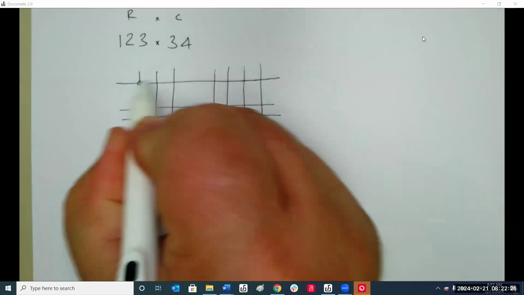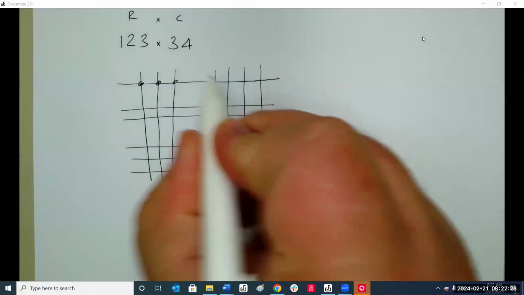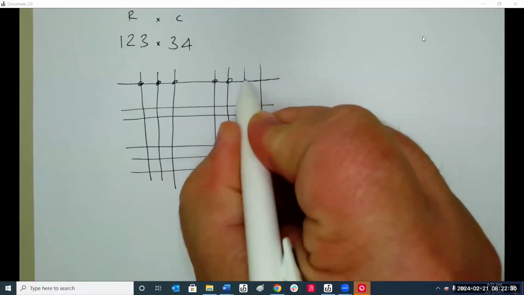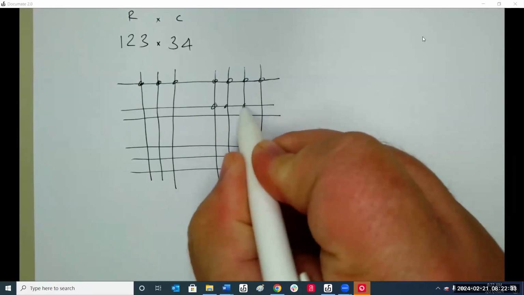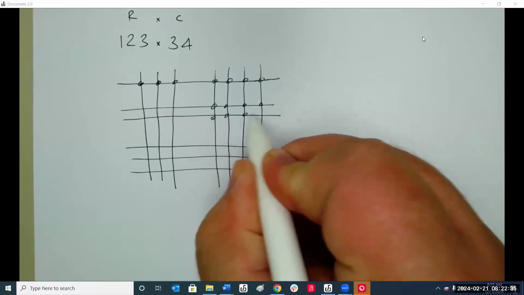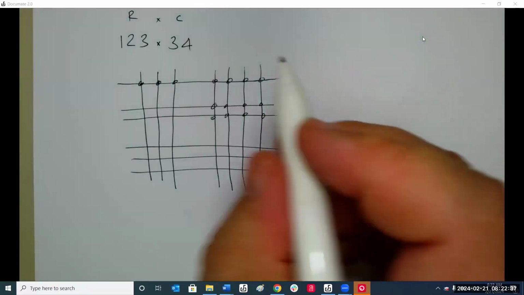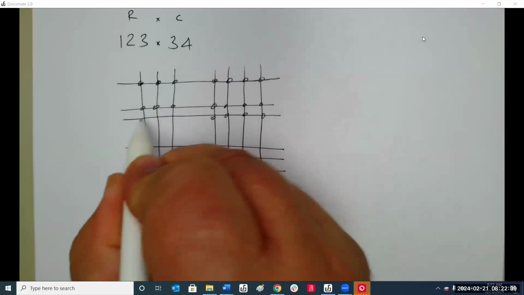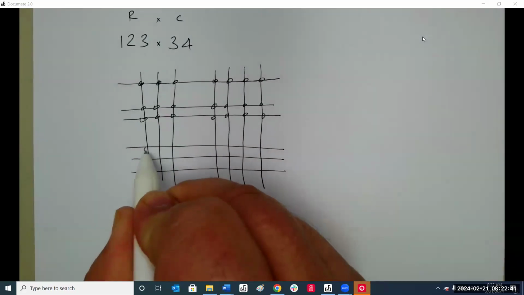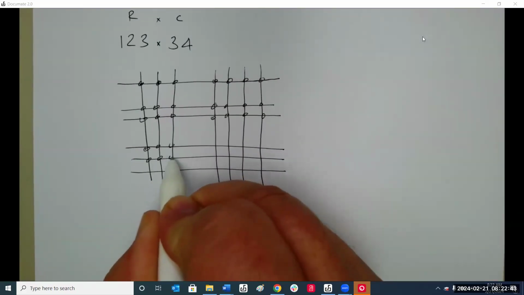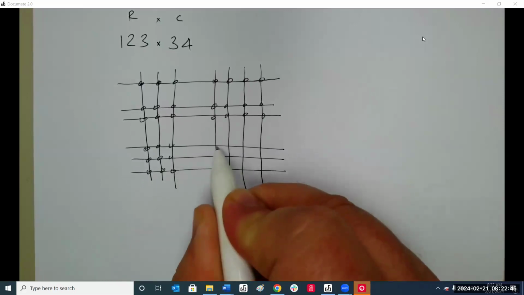So we have 1, 2, 3. 1, 2, 3, 4, 5, 6, 7, 8, 9, 10, 11, 12. 2, 3, 4, 5, 6. 3, 4, 5, 6, 7, 8, 9.